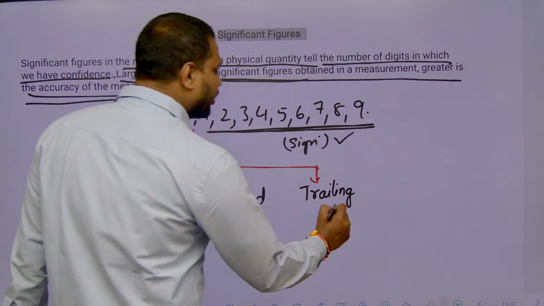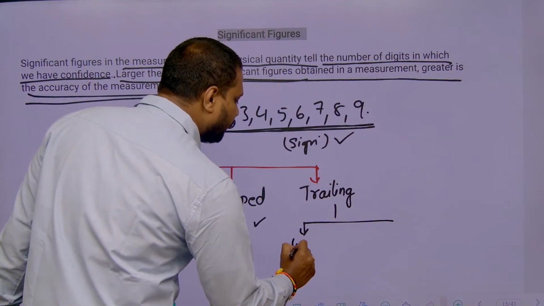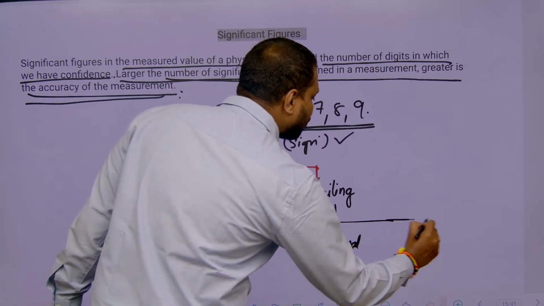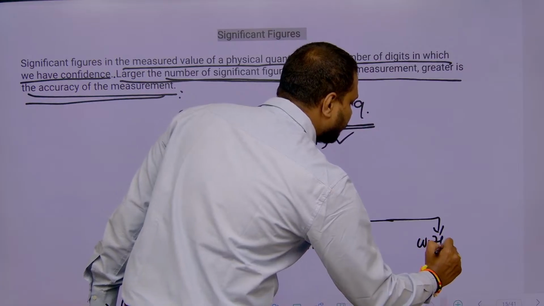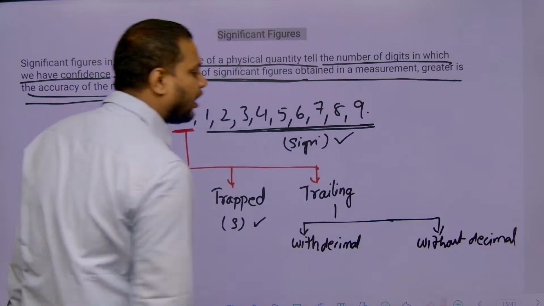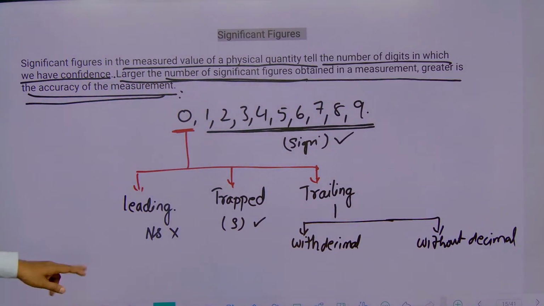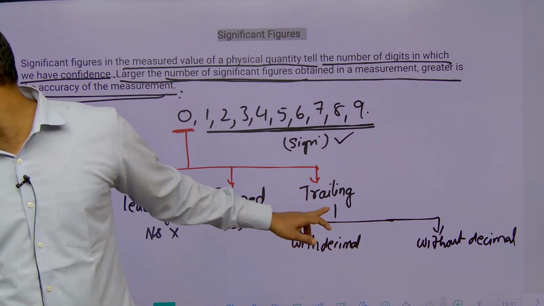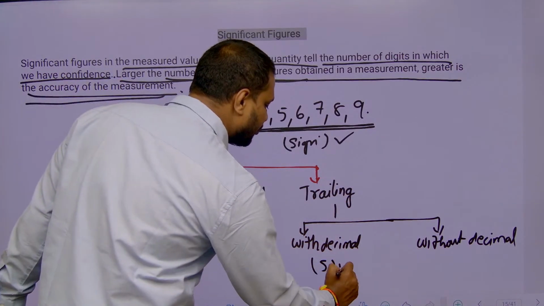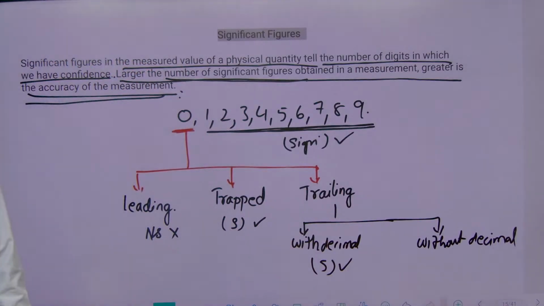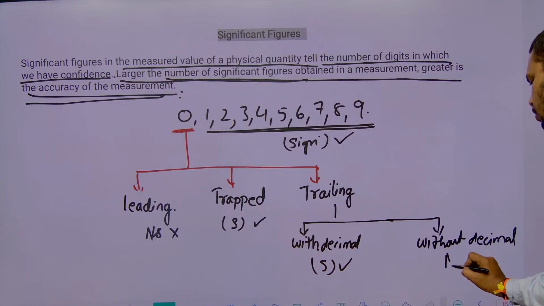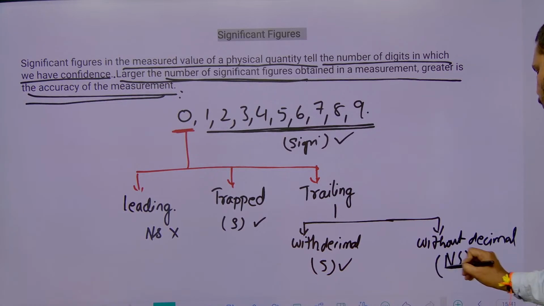For these trailing zeros, we again have 2 cases: with decimal and without decimal. Now please try to understand, all trailing zeros with a decimal are significant, which means we have to count them. All trailing zeros without a decimal are non-significant, which means you cannot count them.